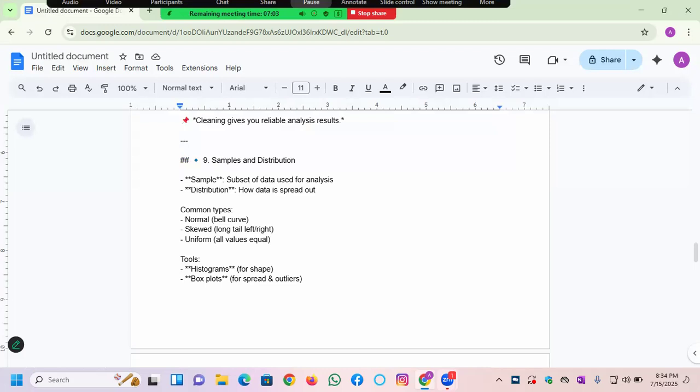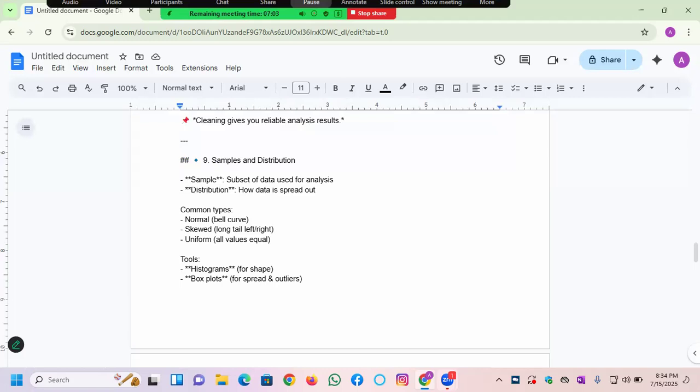So we also have skewed or long tail, tall, left or right. So we are looking at different types of sample distribution. We have looked at bell curves. Now, how does the skewed curve look?